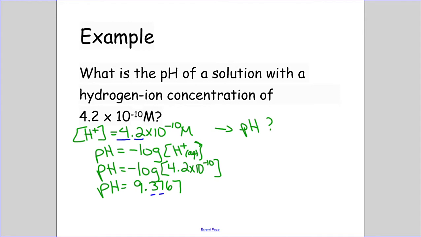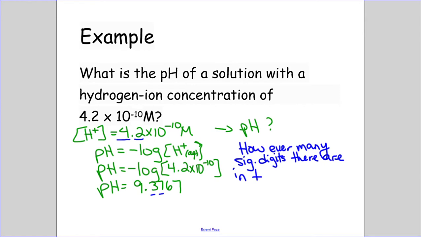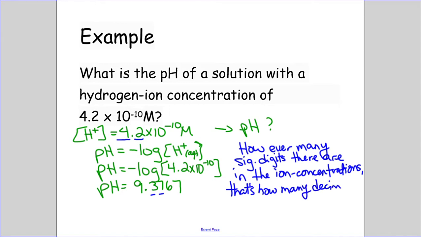Basically the rule is, however many significant digits there are in the ion concentration, that's how many decimal places there will be in the pH system.